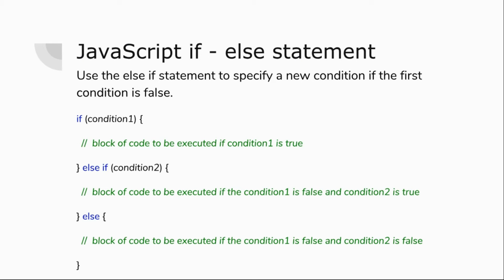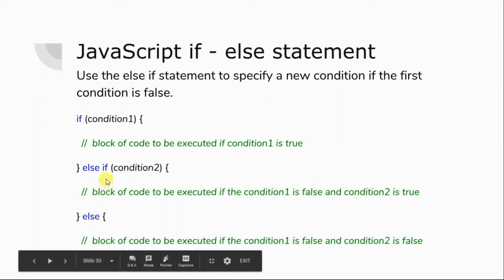If you put another condition, you put another block of code to be executed. This is a second block execution. If that statement is false, then it executes the second else part.